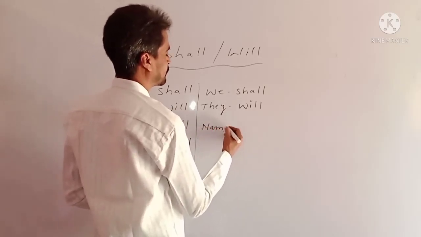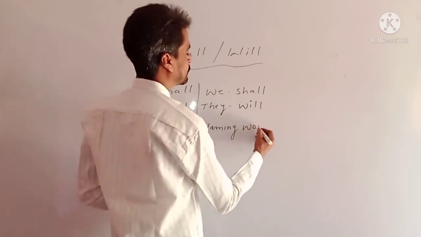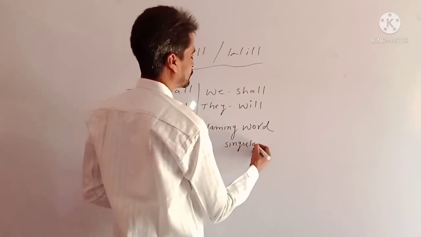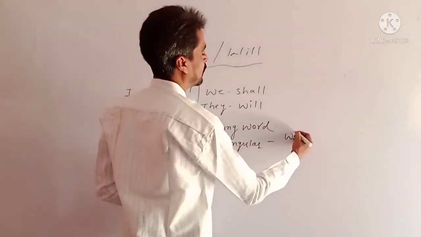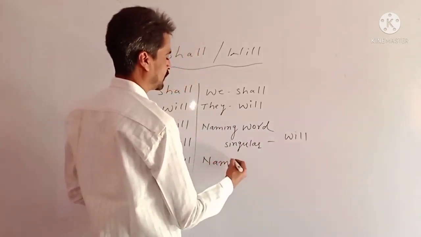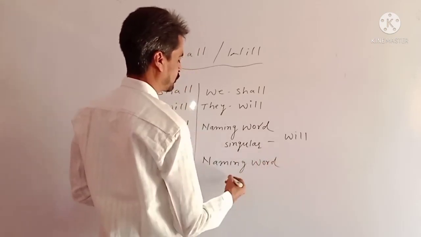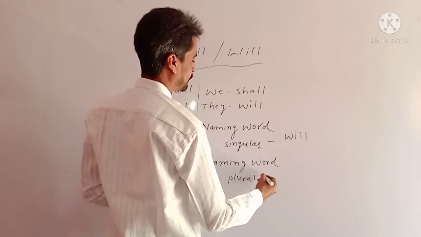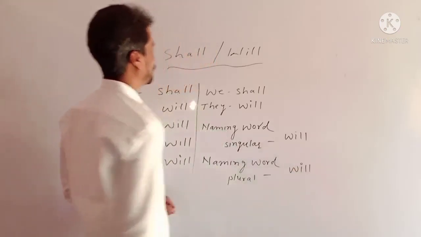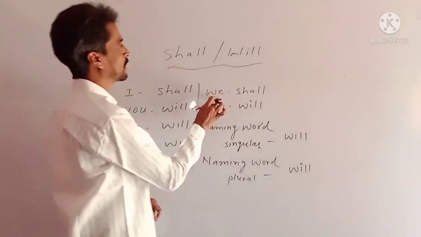Naming word in singular form, will. Naming word plural, will. We can only use shall with I and shall with we.